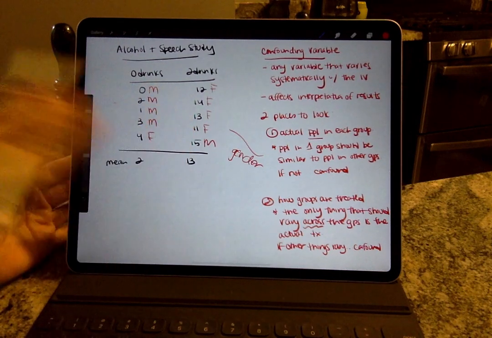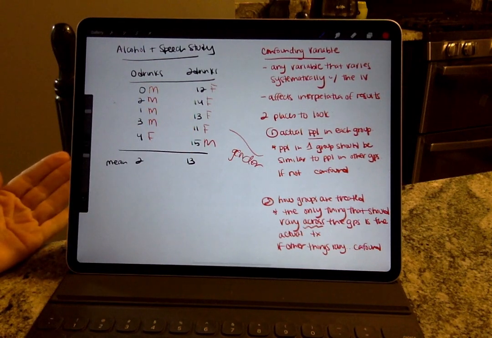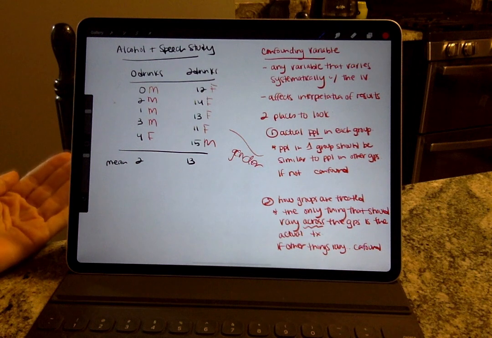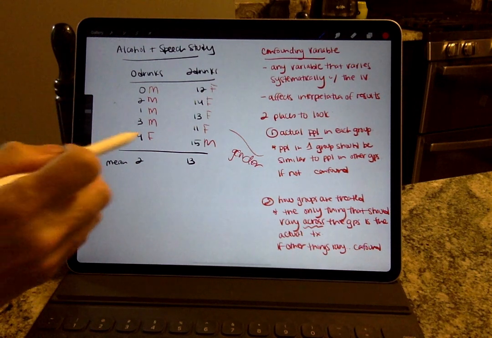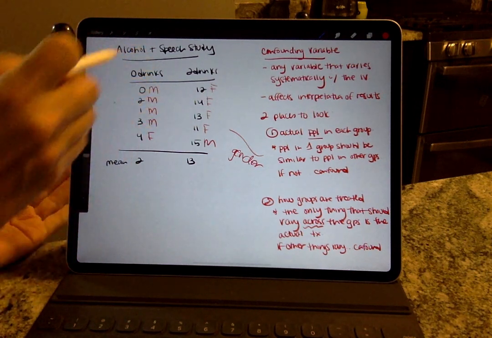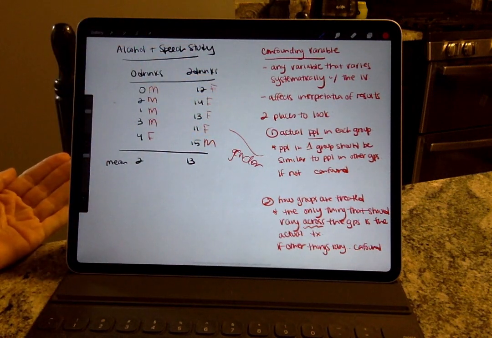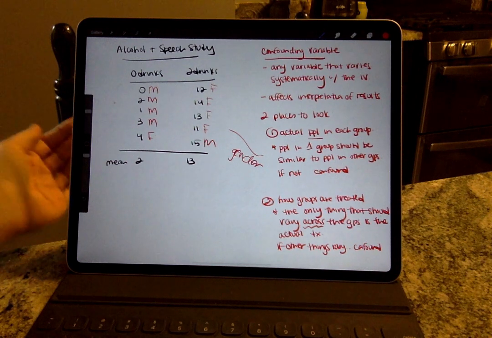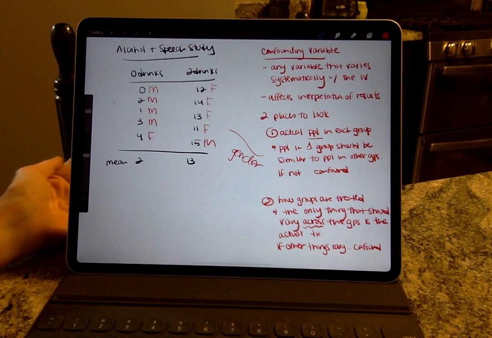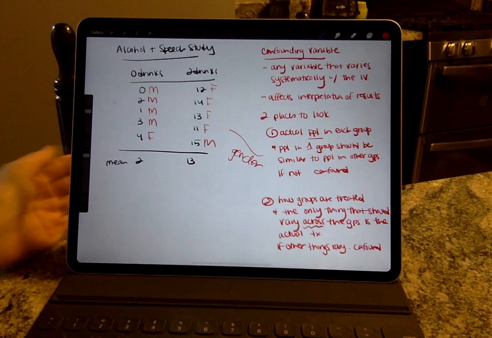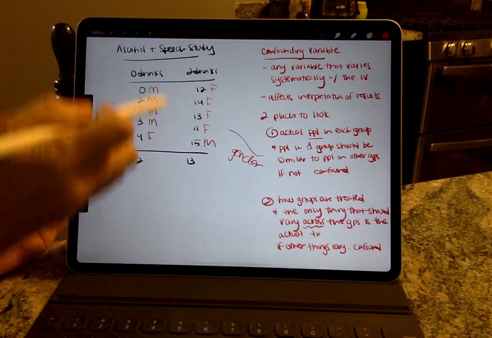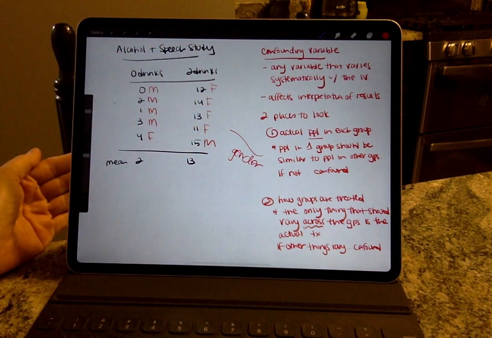Now, is it okay for you to vary gender? Of course, you can have a mix of males and females in your study, but the mix of males and females in this group should be the same as the mix of males and females in this group. You can even have more males than females. That's okay too, so long as you have more males in each group.